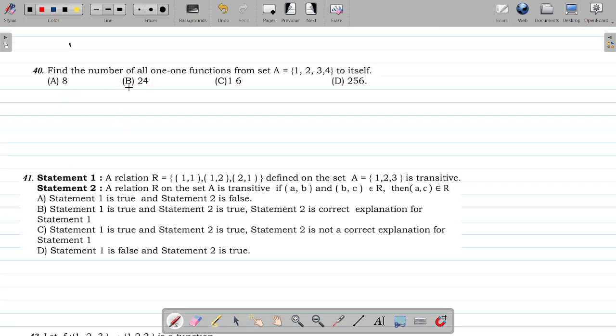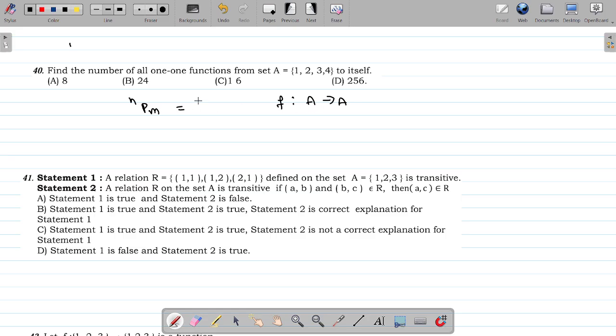Next, find the number of all 1-1 functions from the set A equal to {1, 2, 3, 4} to itself. F from A to A, you have to find the 1-1 functions. The number of 1-1 functions is given by nPm, where n is the cardinality of the codomain and m is the cardinality of the domain.